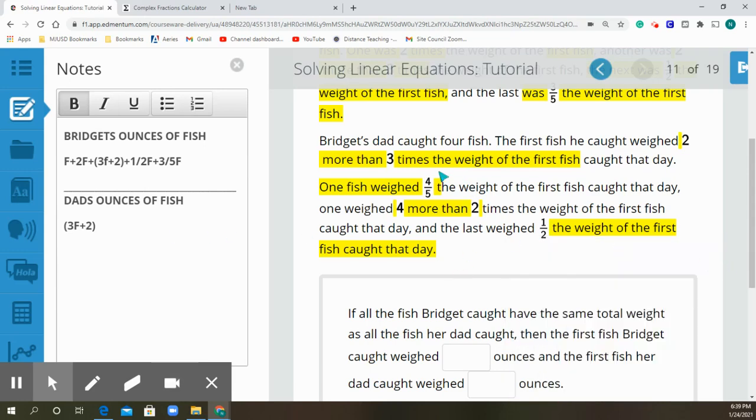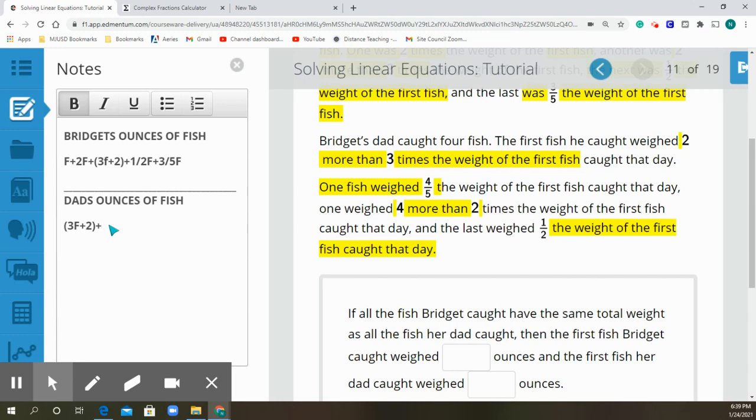Okay, so 2 more than 3 times the weight of the first fish. F. Okay. Plus one fish weighed 4/5 the weight of the first fish caught that day.